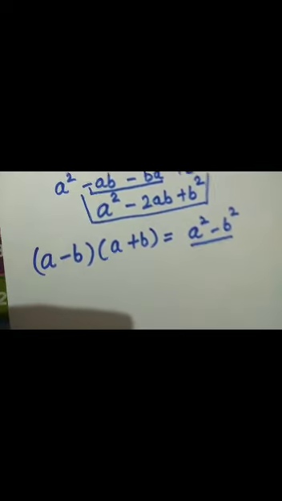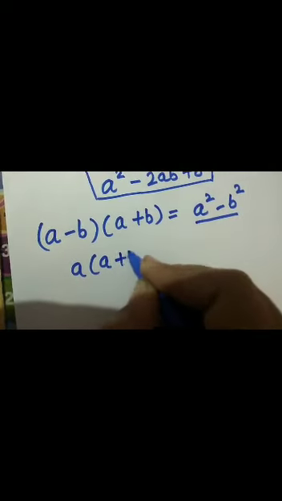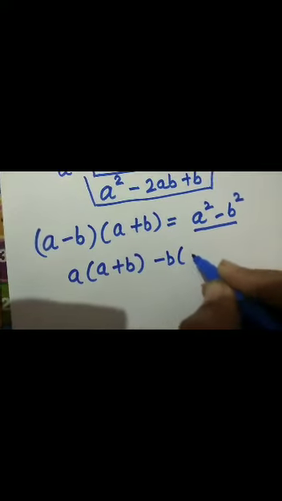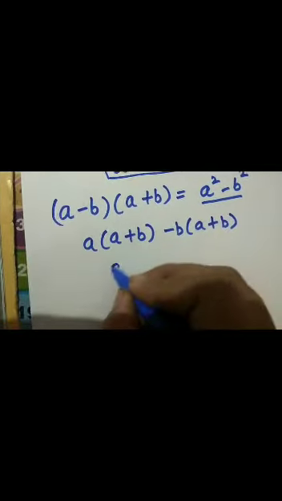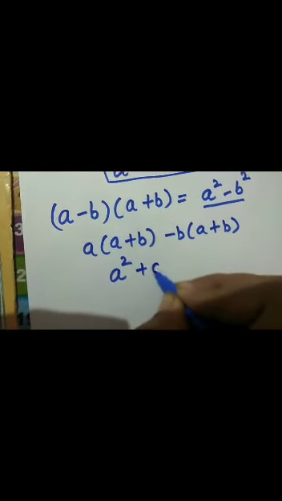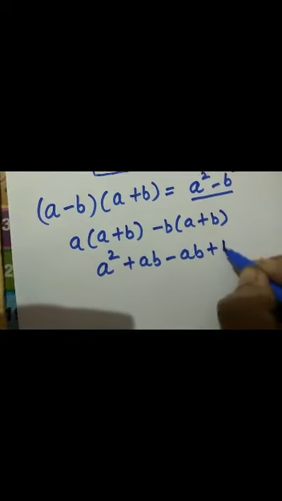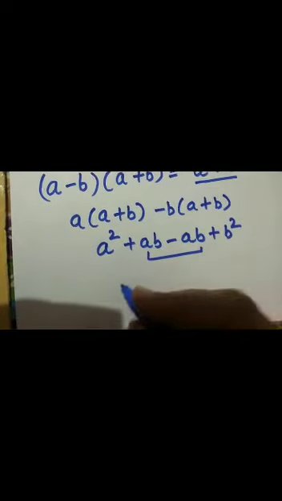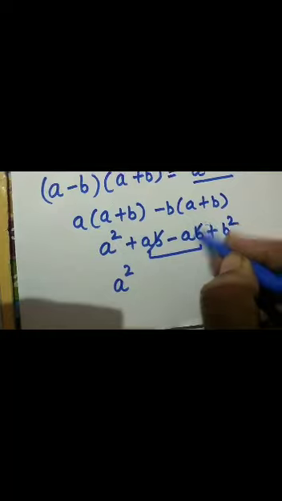Now just see how we'll get this one. a will be multiplied by (a plus b), minus b again we multiply with (a plus b). So we'll get a square plus ab minus ab plus b square. Now again these two are like terms, but one is with a plus sign and the second with a minus sign.